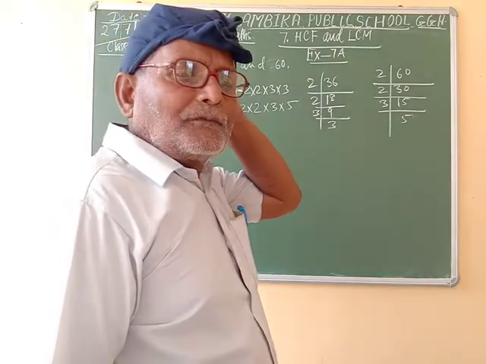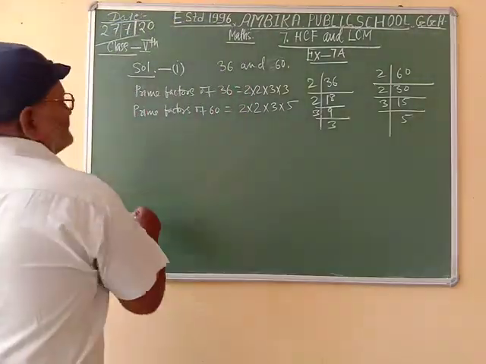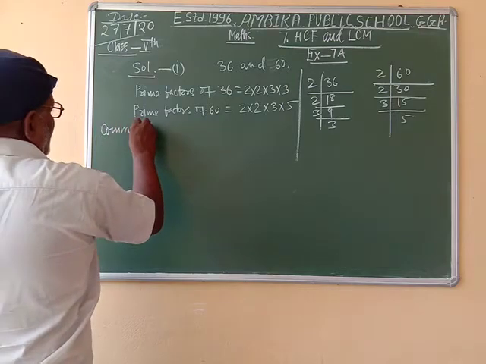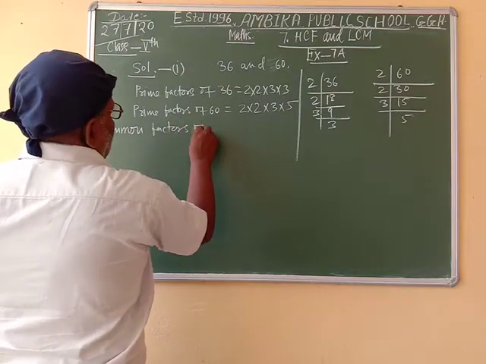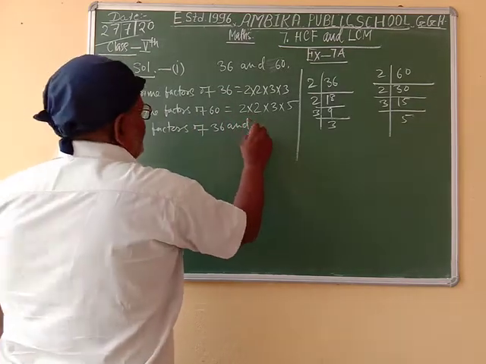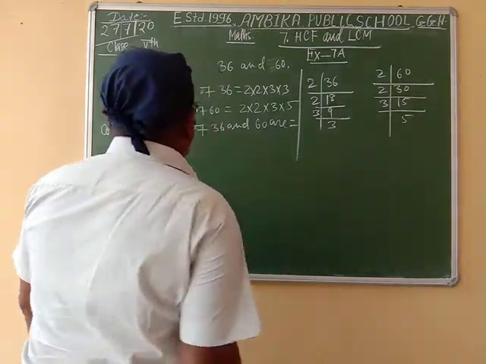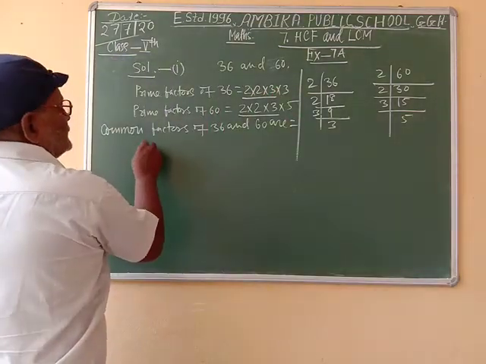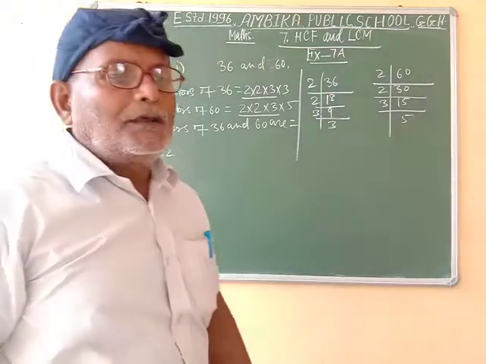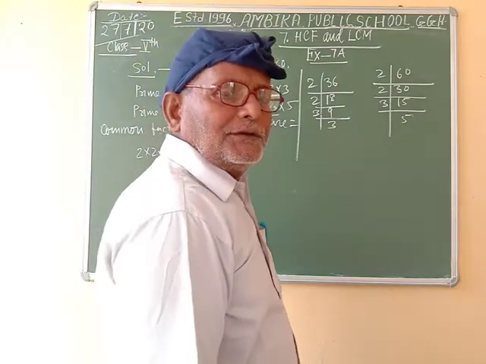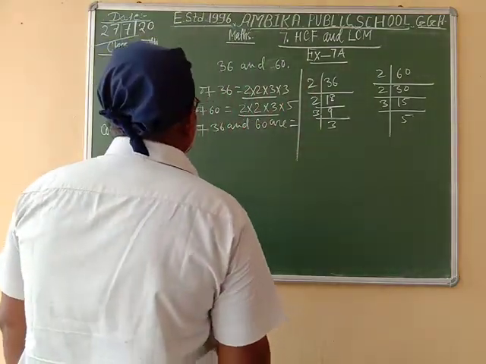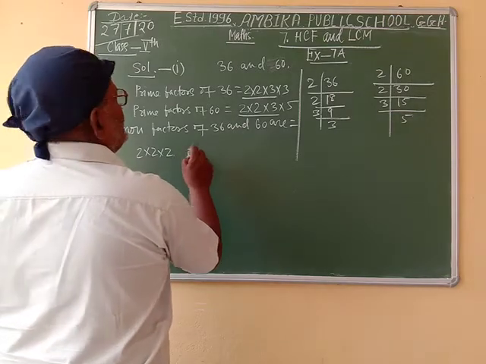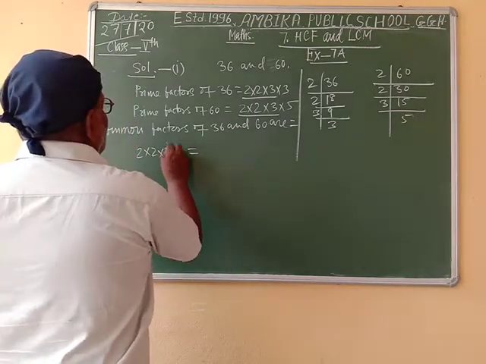Now we find the common factors of 36 and 60. The common factors of 36 and 60 are 2 into 2 into 3, which is equal to 12.